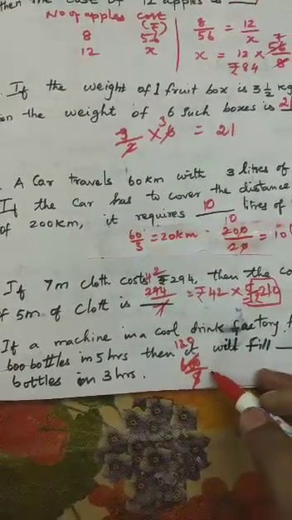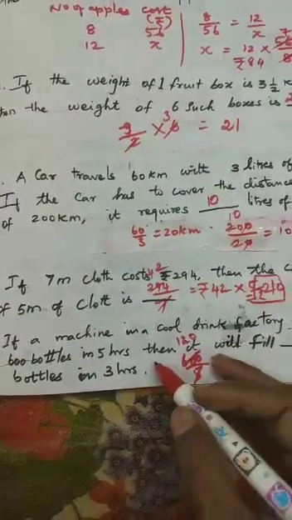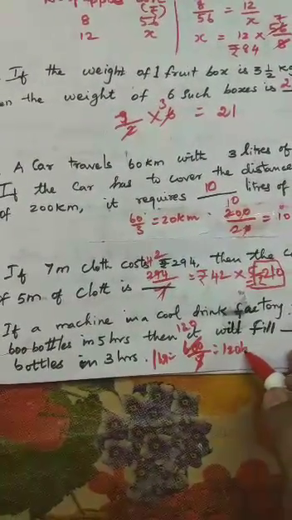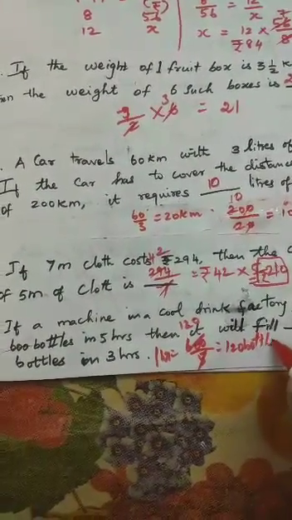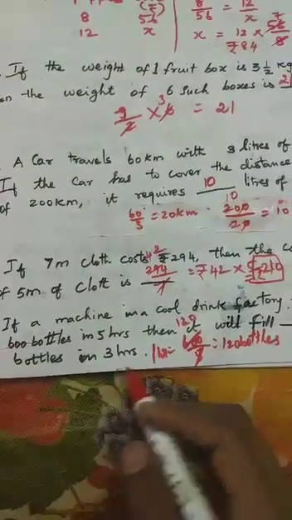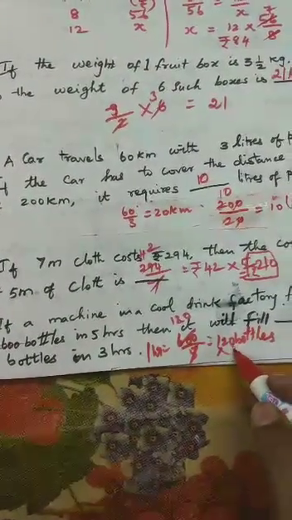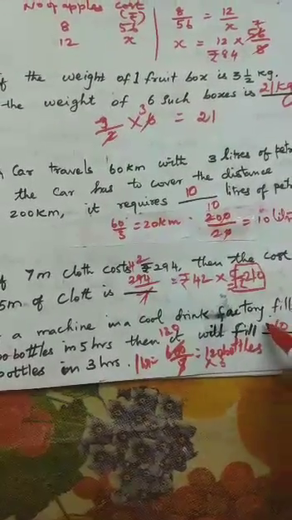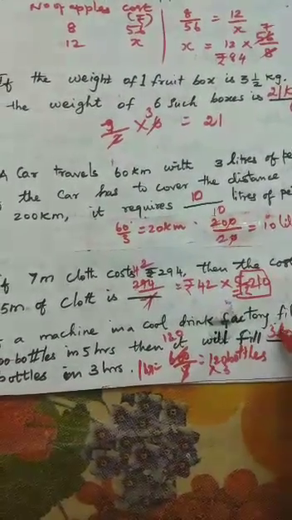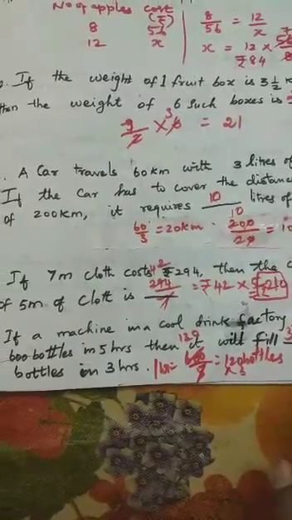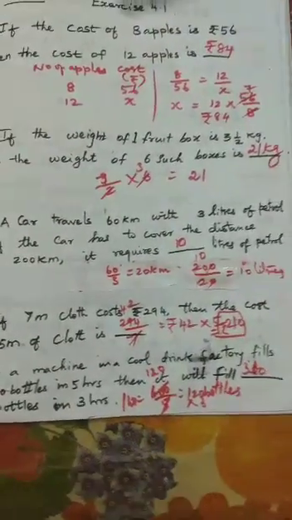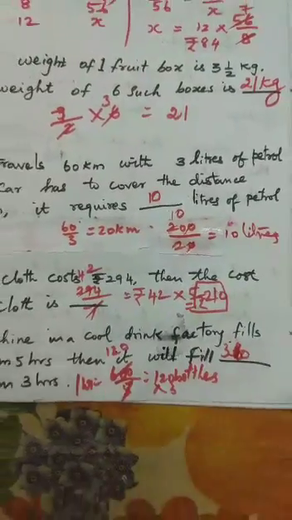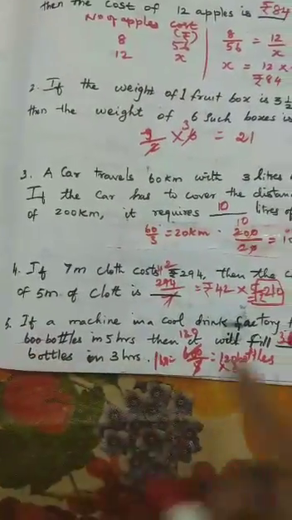For 1 hour, 120 bottles. Then for 3 hours you have to multiply by 3. So 0, 3 2s are 6, 3 1s are 3. For 3 hours it is filling 360 bottles. Have you understood? 360 bottles in 3 hours.